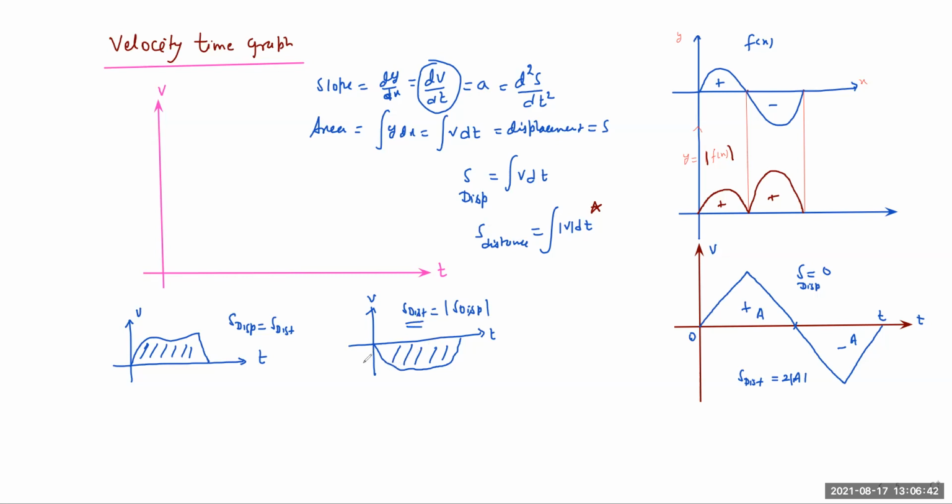Distance will be positive. That is very simple. And if we have some part positive and some part negative, the positive we add, and we make the negative positive, and then again we add. So these are the formulas that you need to apply.